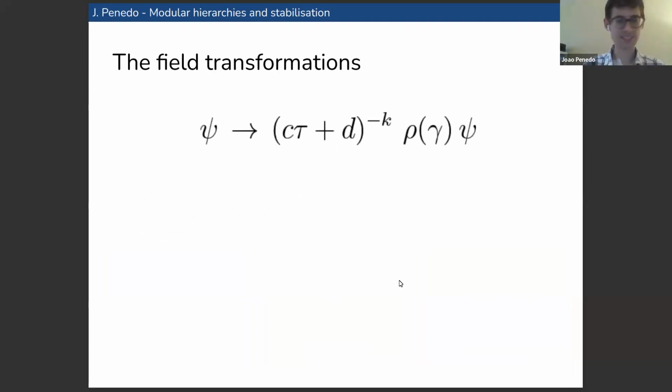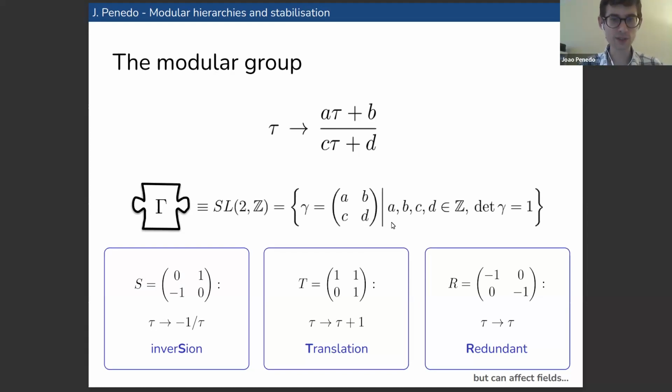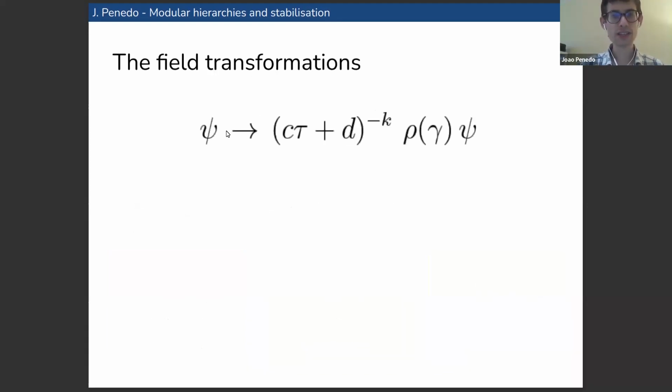So gamma is this, an element of the modular group, A, B, C, D, okay? And so a field transforms to C tau plus D, which is a number, to the minus K, which is some power, times a unitary representation rho, times the field.